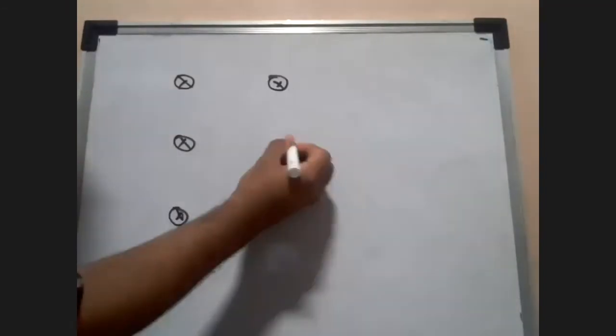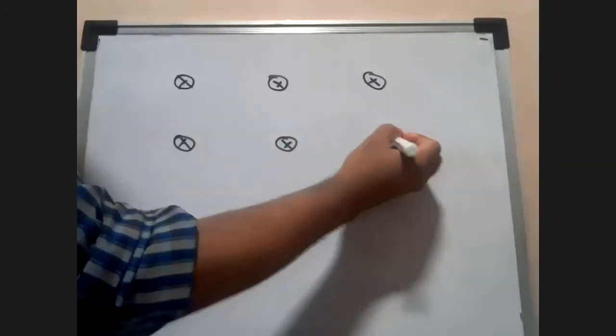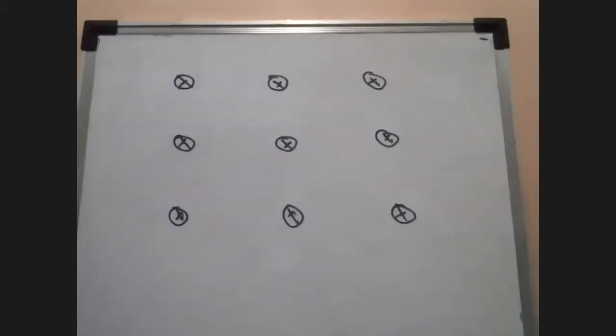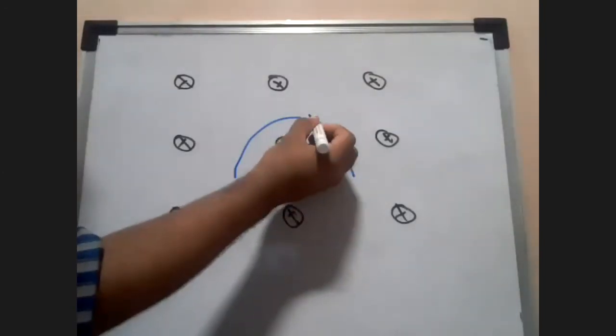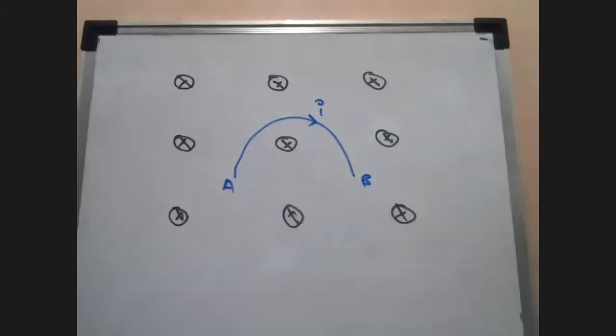I've kept it in this form right here. And I have a semicircular wire here in this form. It is carrying a current here. Let's consider the ends to be A and B. Then you have to determine the magnitude of the force and the direction of the force.